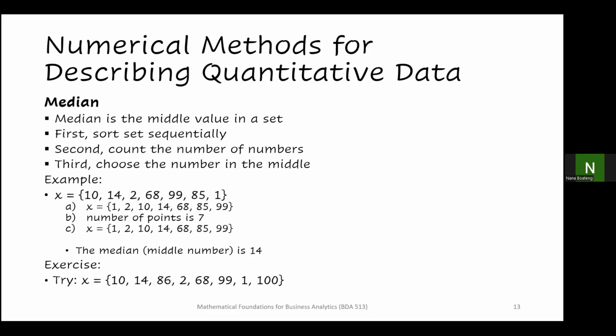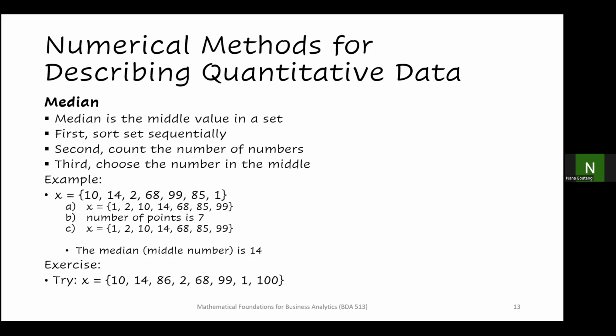So let's say we have 10, 14, 2, 68, 99, 85, and 1. What we have to do is to arrange them sequentially from the lowest to the highest. So now we have arranged them to be 1, 2, 10, 14, 68, 85, 99. How many points do we have?